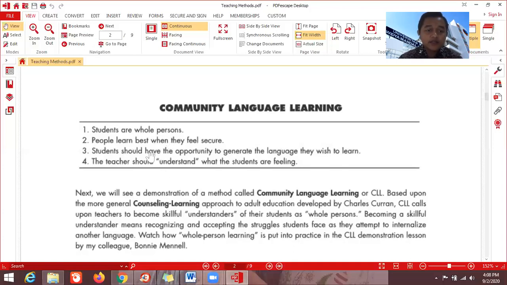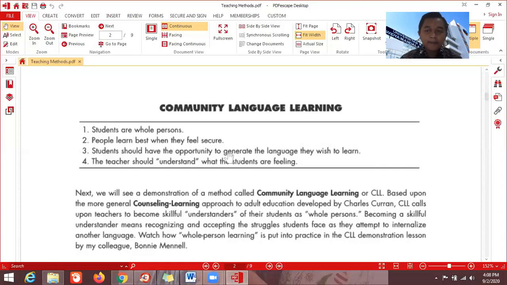The third point, the students should have the opportunity to generate the language they wish to learn. I repeat, they need to have the opportunity to generate or produce the language they wish to learn. So learning is not through the eyes of the teacher who sets the syllabus, curriculum, and learning objectives, but this method focuses on the members, on the learners.